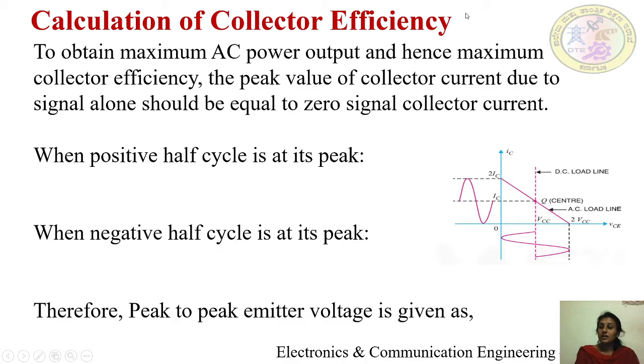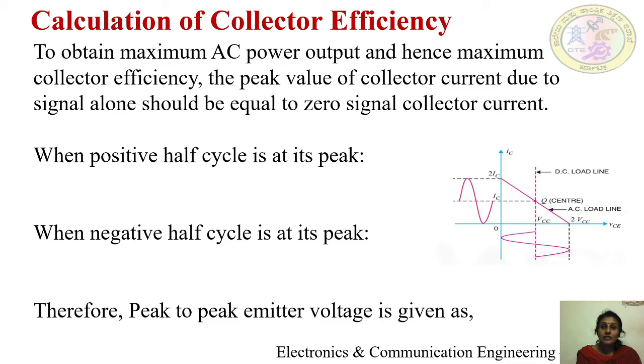Next we'll move to the calculation of collector efficiency. To obtain maximum AC power output and maximum collector efficiency, the peak value of the collector current due to the signal alone should be equal to the zero signal collector current.